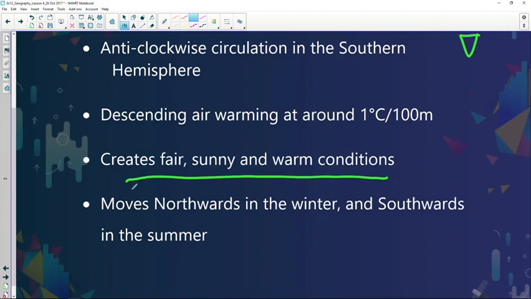There's no air rising. That means it can't lead to any cloud formation taking place. And then obviously we're going to look in detail at the movement of these pressure belts, these pressure systems, the South Atlantic, Kalahari high pressure and the South Indian high pressure during summer and winter months and how it influences our climate.